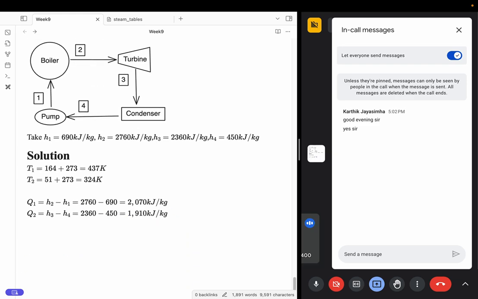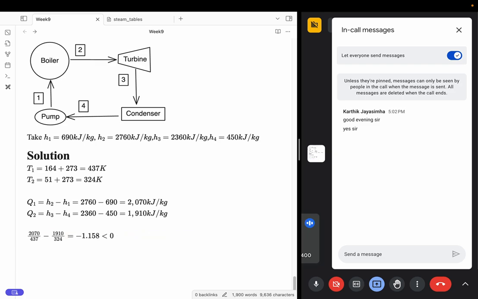Now you can directly check the Clausius inequality. So Q1 by T1 minus Q2 by T2 gives minus 1.158, which is negative.